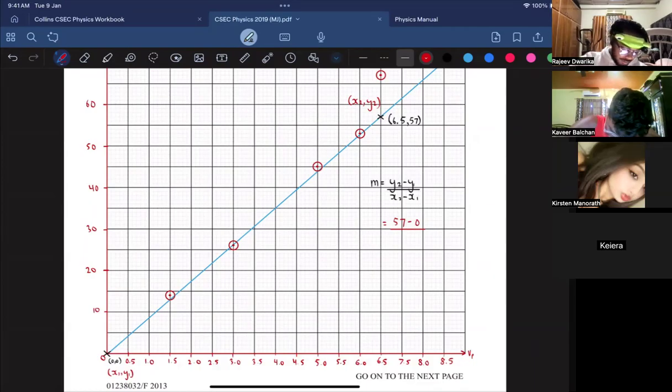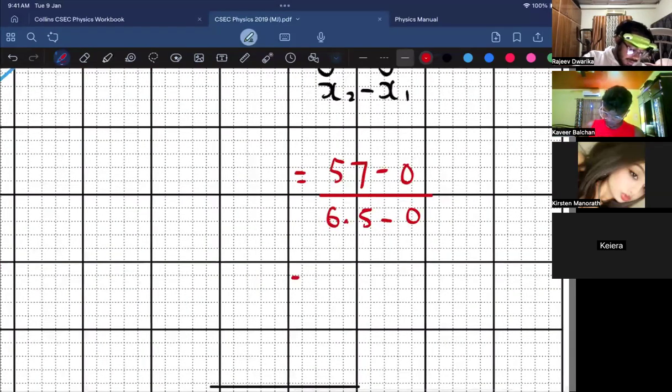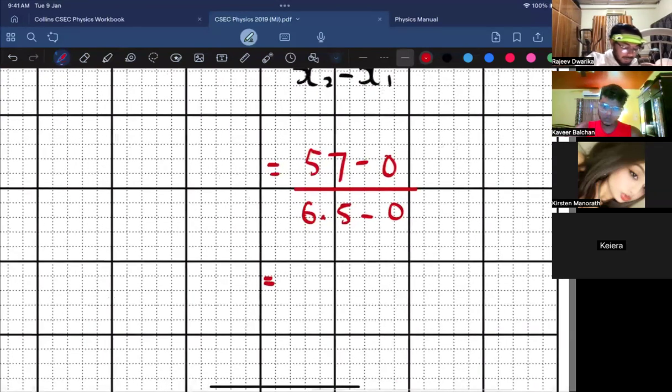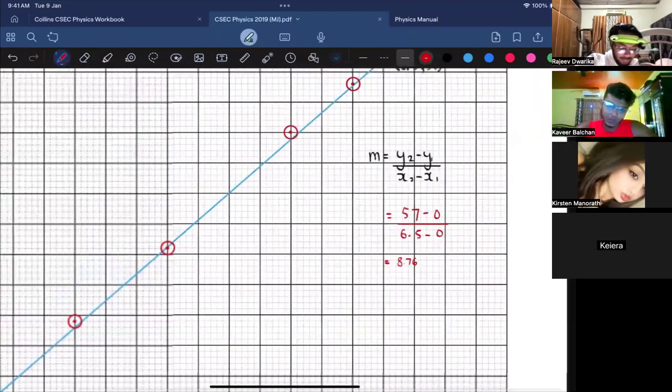X2 is 6.5 minus 0. So we have 57 all over 6.5. What is 57 over 6.5? Should be like 9 or something. 8.76. Well, around 9. All right, 8.76.